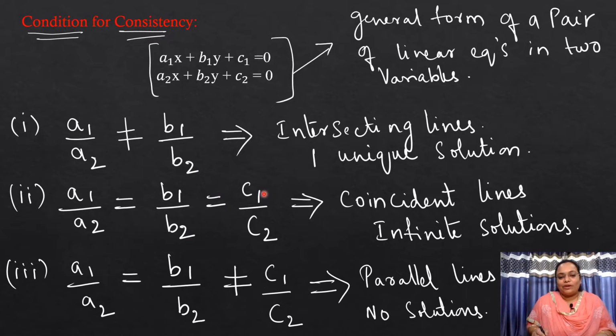That will be equal to the ratios of the constant term, which is c1 by c2. Clear? And if it is a parallel lines, that will be a1 by a2 will be equal to b1 by b2, will not be equal to c1 by c2. Okay, so these are the three conditions for the consistency.